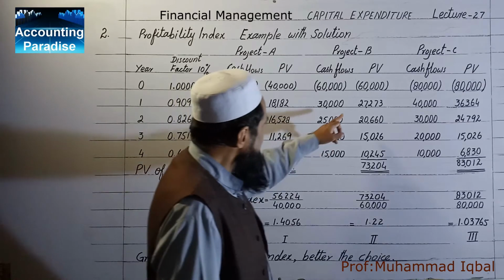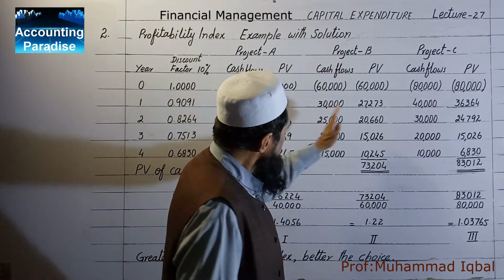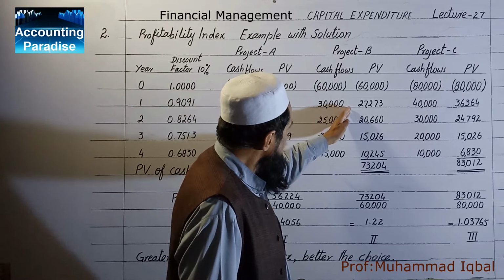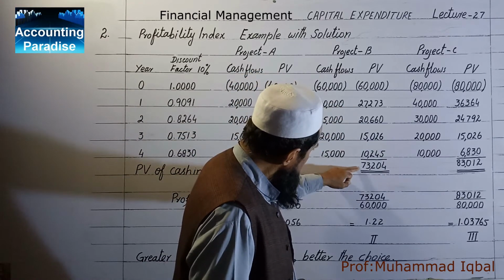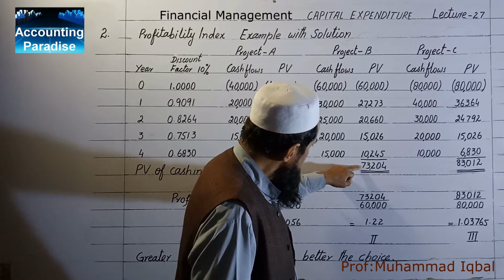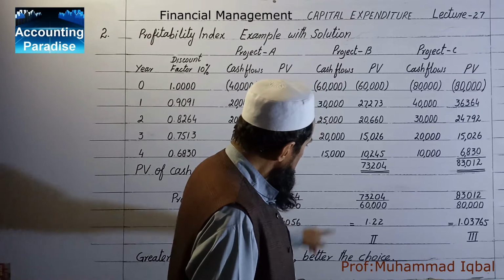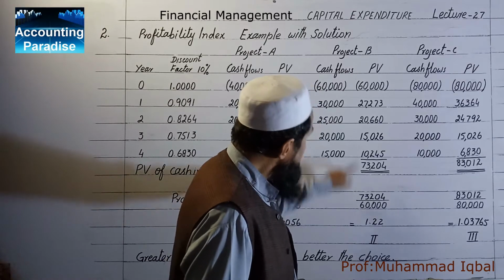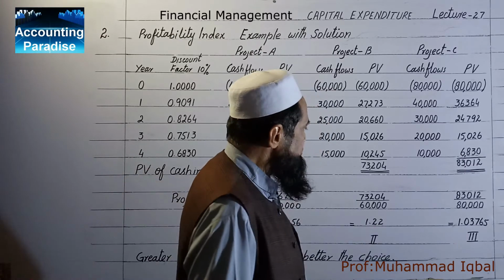Same is the case here. These are the cash inflows. We discount them with the 10% factor and we got cash inflows present value as 73,204. When we divided it by the investment or cash outflows, it comes to 1.22.